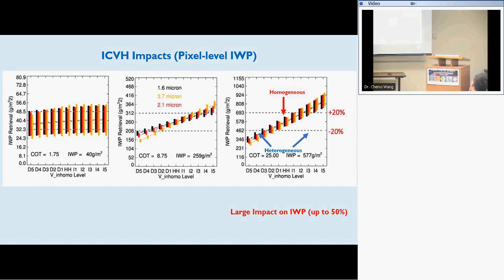That's a big surprise because MODIS uses shortwave channels, which are more sensitive to the upper parts of the clouds. Between the retrievals using different channels, you find that the 3.7 micron, which is the yellow curve, gives the lowest bias. That's because ice crystals in that channel are the most absorptive.